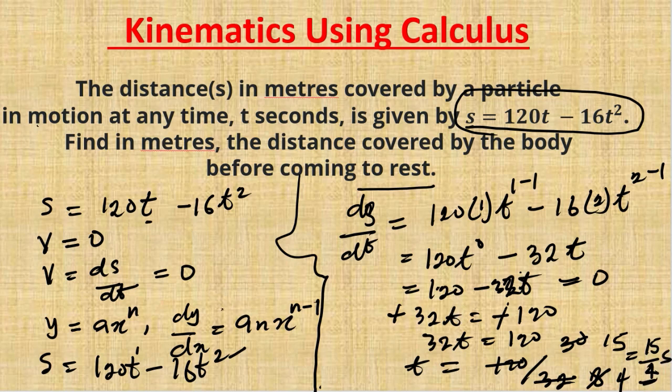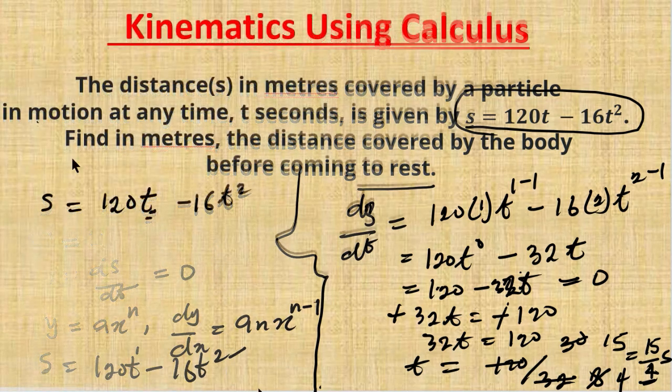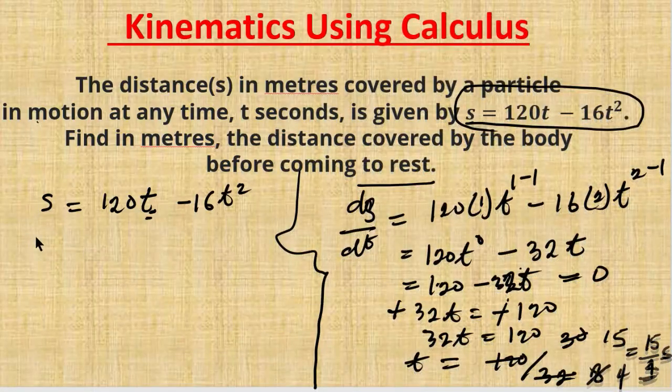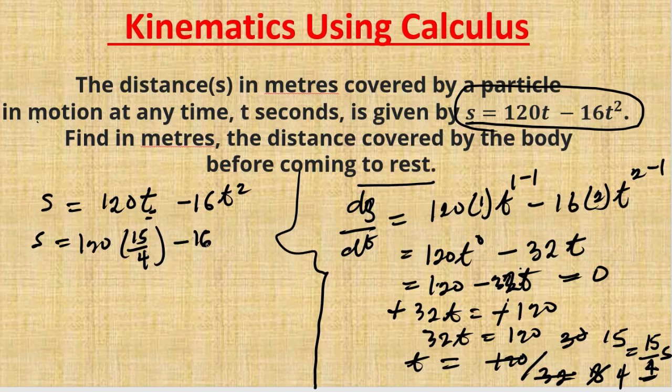Now, we have to solve for s. That's actually our goal. So I'll be putting t back into s here to solve for s. Substituting for t, s now will be equal to 120 into 15 over 4 minus 16 into 15 over 4 squared.